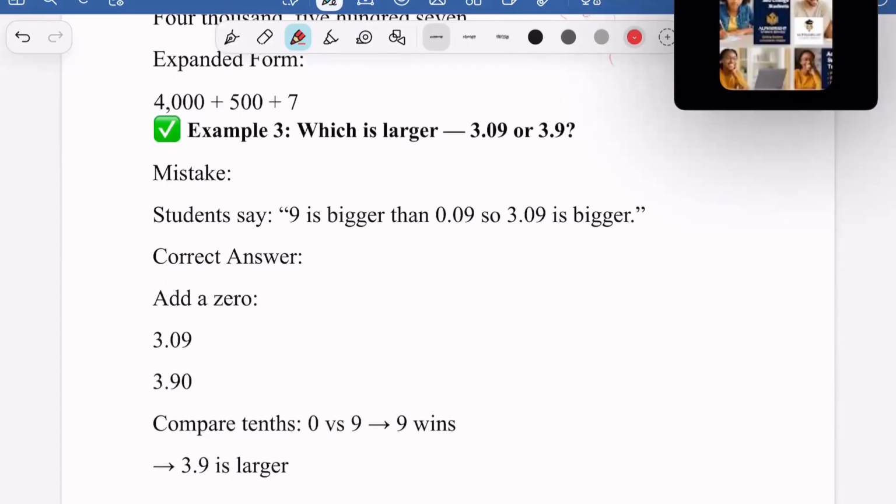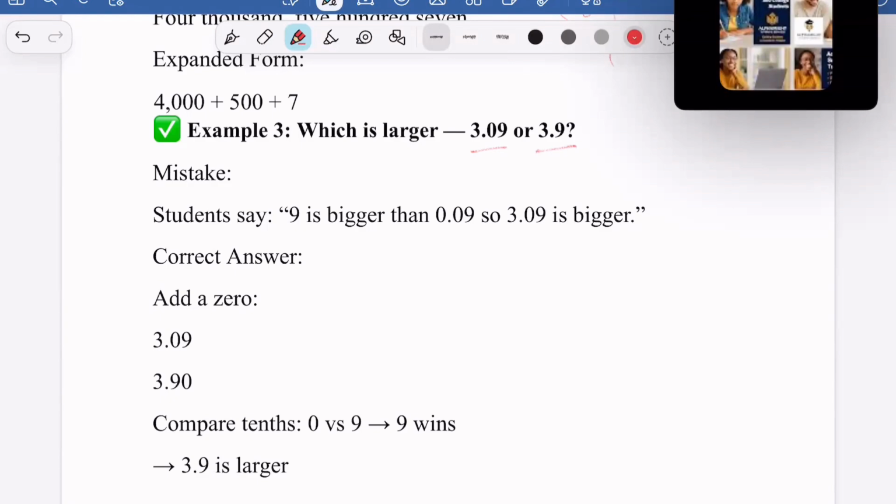Example 3: which is larger, 3.09 or 3.9? Students say 9 is bigger than 0.09. That's how they say it. So they assume 3.09 is bigger. They just assume that.